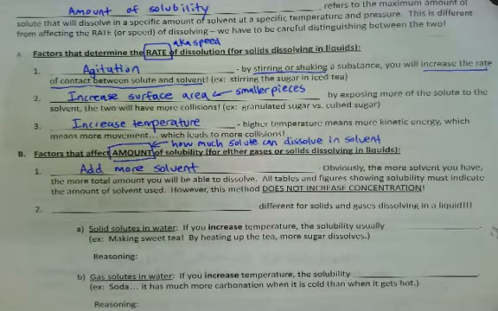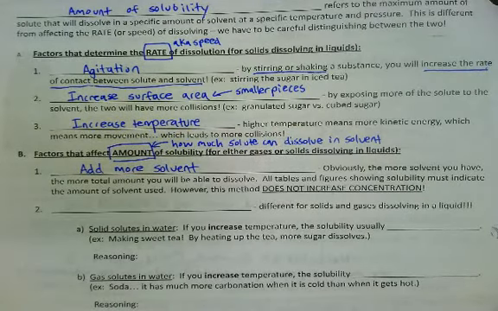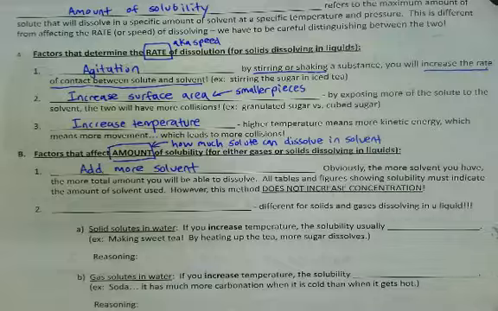If you add more solvent, there's more substance like water for a solute like salt or sugar, for example, to dissolve in. You increase the amount of solvent, you can increase the amount of solute we can put into that solvent.